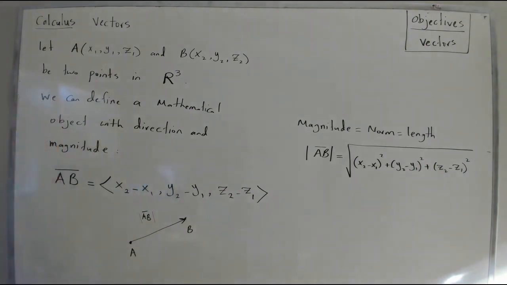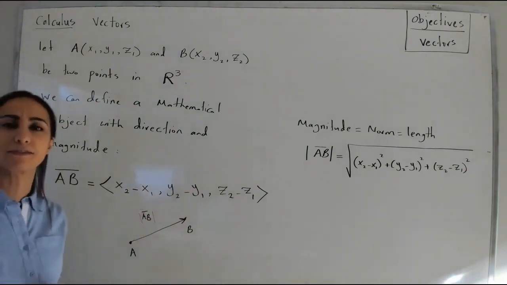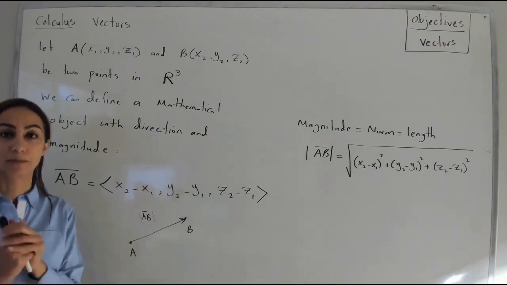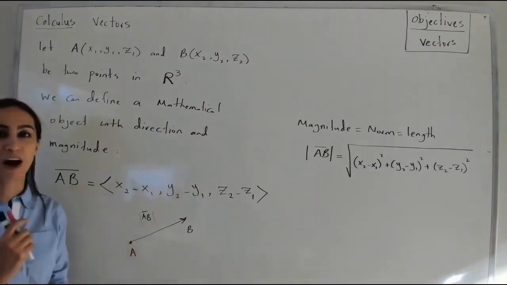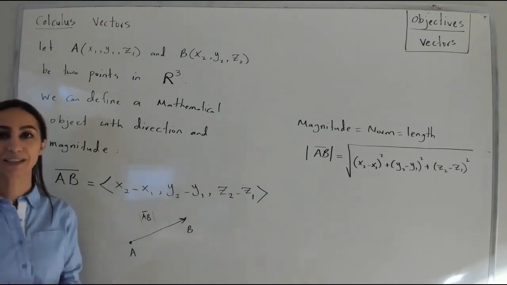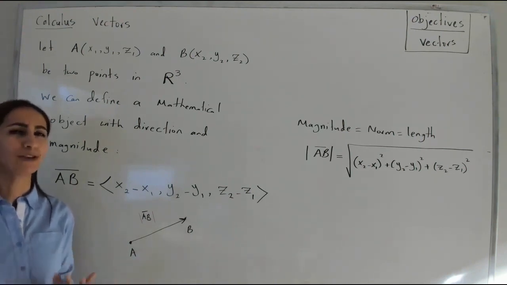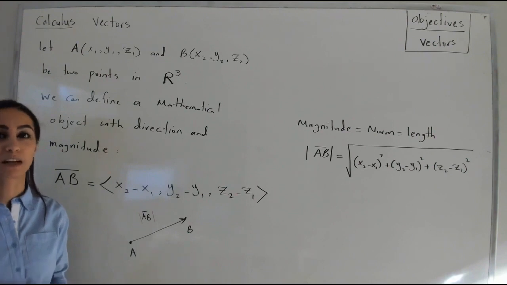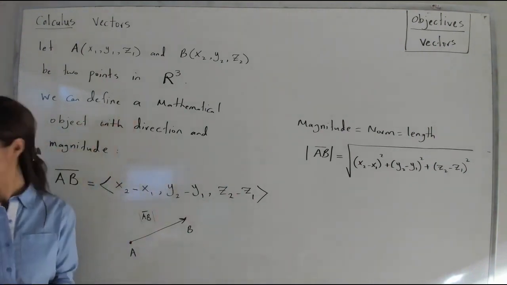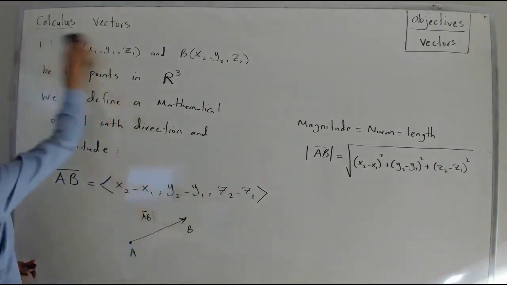Very well. So now that we define this new object, we're interested in defining some mathematical operations that can be done on those objects. How do we add them? How do we subtract them? Well, how do we define something like multiplication between vectors? So this is our goal.